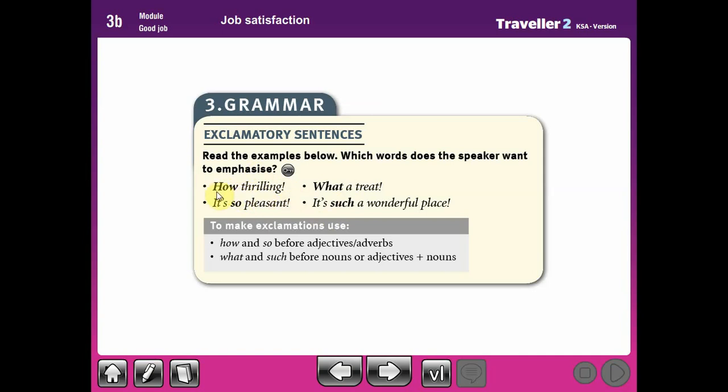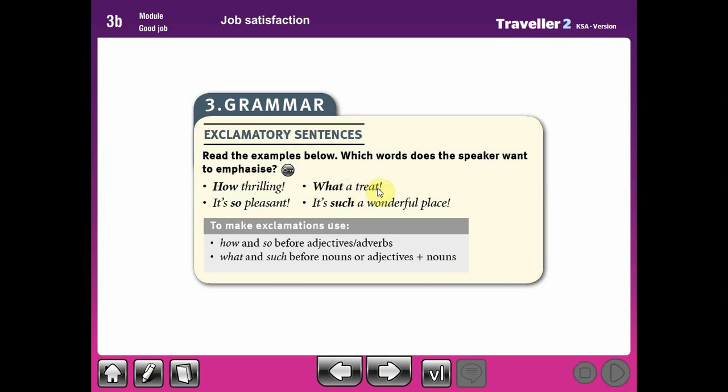What's the formation of the exclamatory sentence? First of all, we have here how plus an adjective. So how plus an adjective, or so plus an adjective or adverb. So we can use how plus an adjective or adverb, so plus an adjective or adverb. So how thrilling, how exciting, how beautiful. It's so pleasant, it's so beautiful, it's so exciting. What? We use what plus a noun, right?